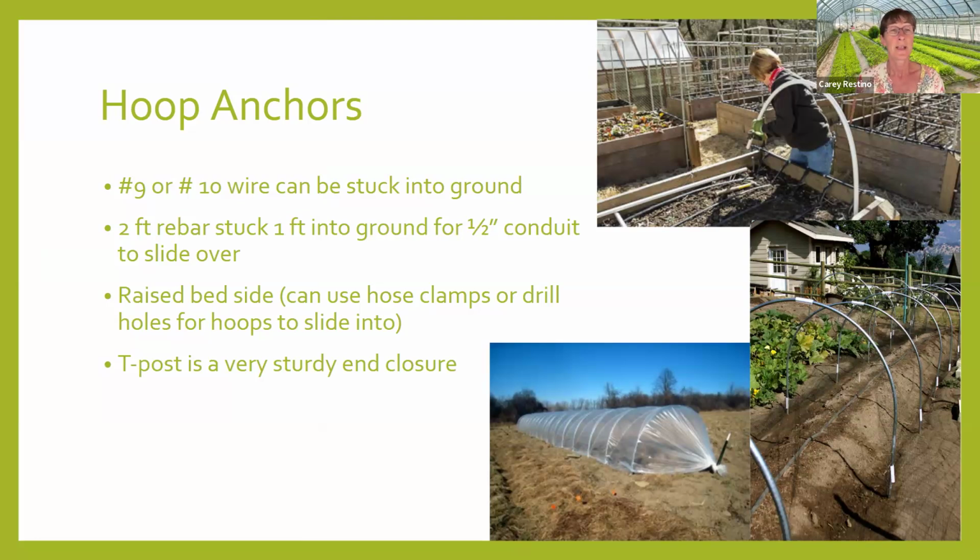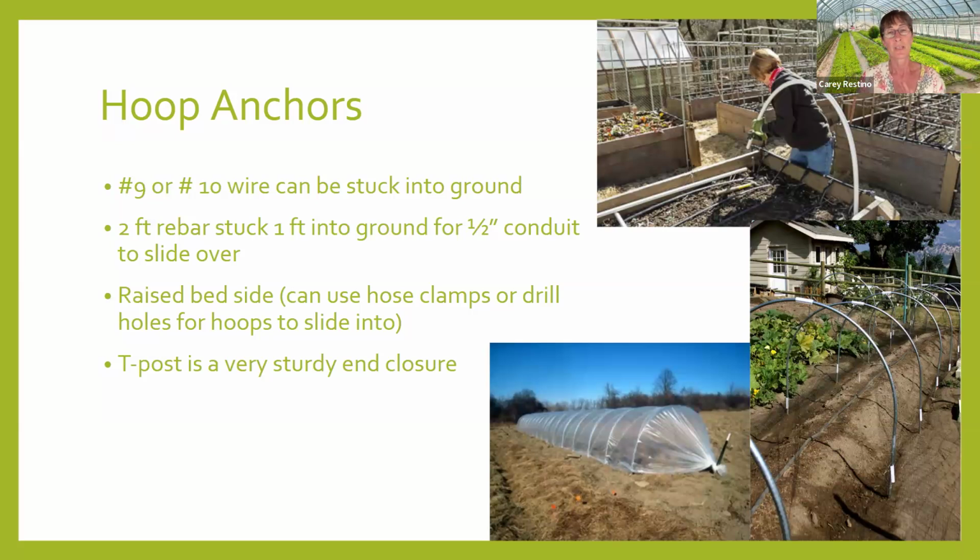Yeah, so I used to slide it onto rebar, but then I found that over time the rebar bonded with the conduit, and so you'd have to pull the whole rebar stick out, and that kind of defeated the purpose. So now I just stick them into the ground about a good foot, and because my gardens aren't level, I'm sticking the uphill side in a little further than the downhill side.